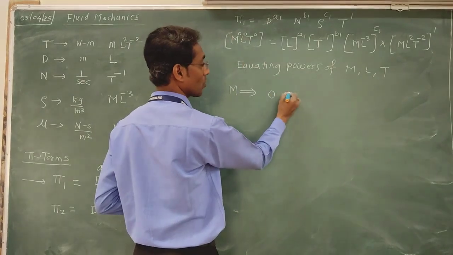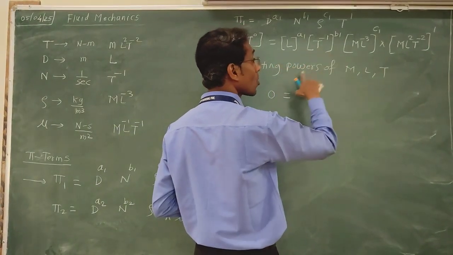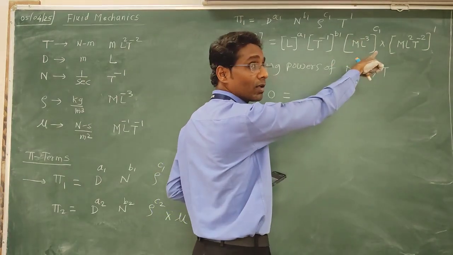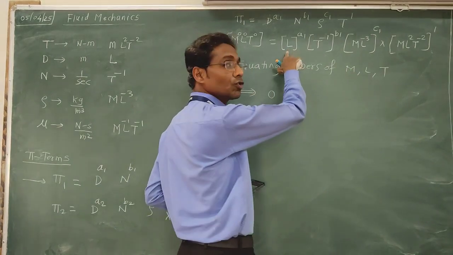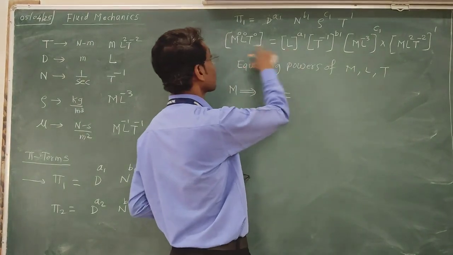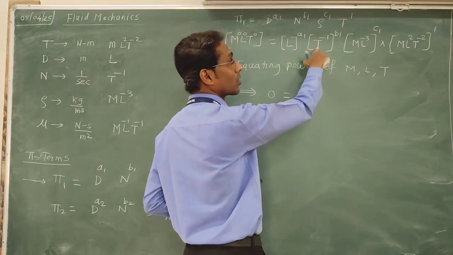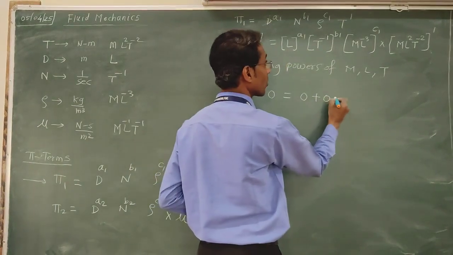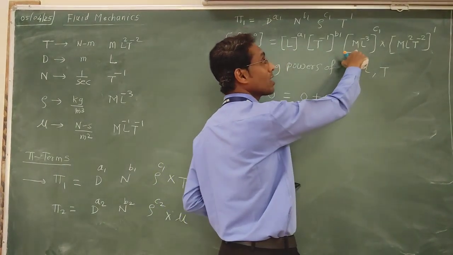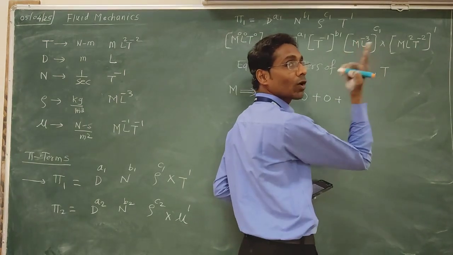Left side 0. Whatever are the exponents of m, those will come. Here there is no exponent for m, so 0. Plus, here no exponent for m is present, 0. Here the exponent of m is 1, not written but m raised to 1.